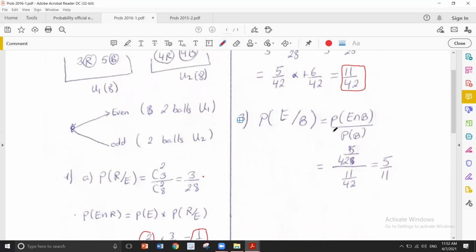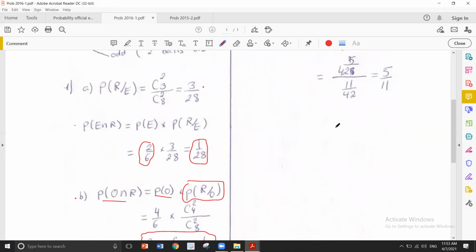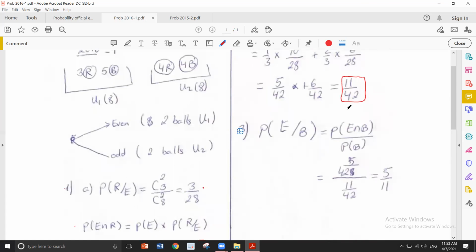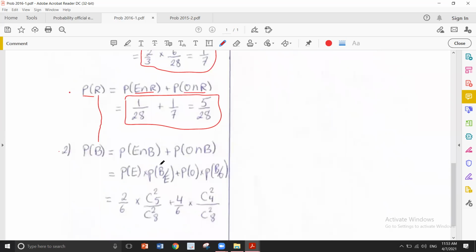E intersection B, even and black. Which one is even and black? This is E intersection B. It is equal to the probability of E times the probability of B given E. This is E intersection B, equal to this one.